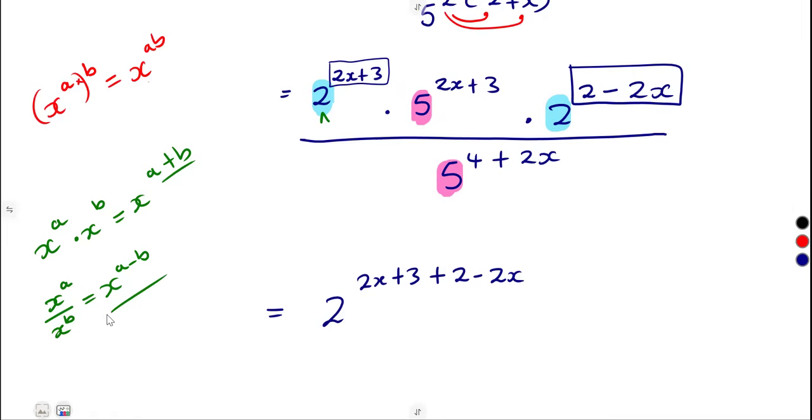So it is going to be the 5, which we are given as our same base, but we must subtract the exponents. We take this one in the numerator, 2x plus 3. Then we subtract the other one in the denominator, a minus b. A in the numerator, b in the denominator.